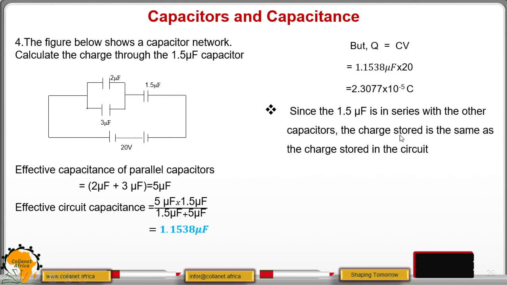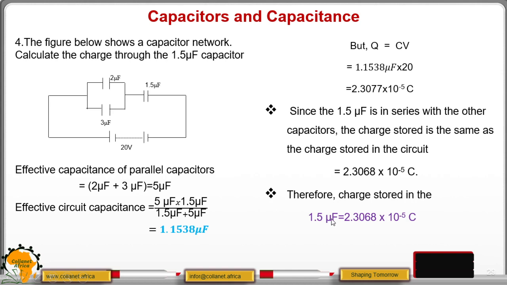So it implies that the charge stored is the same as the charge stored in the circuit. And the charge from the circuit is this one, 2.3077 times 10 to the power negative 5 coulombs. Therefore, the charge stored in the 1.5 microfarad capacitor is equal to this value, 2.3077 times 10 to the power negative 5 coulombs.